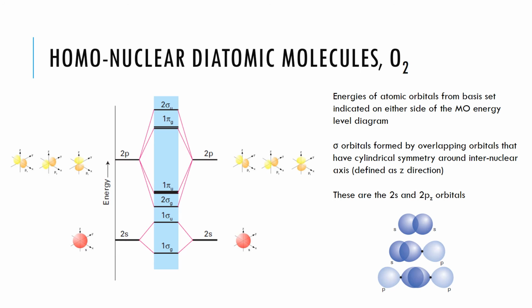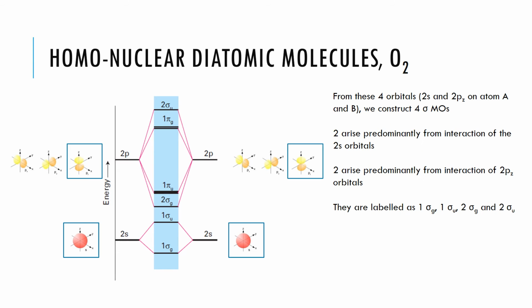So these form bonding and antibonding sigma molecular orbitals. And we construct, therefore, 4 sigma molecular orbitals there. And you can see they're labelled 1 sigma g, 1 sigma u, 2 sigma g, and 2 sigma u.